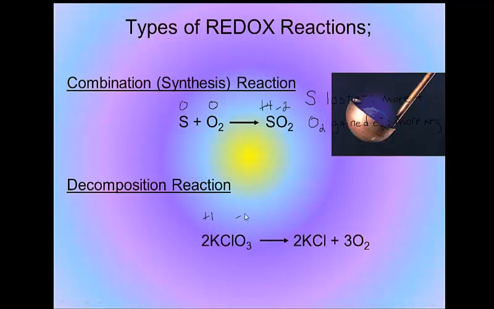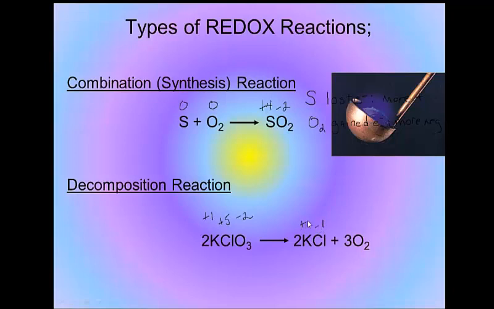It is neither, so -2. There's 3 of them, so this is a -6, plus 1, so right now it's a -5, so the chlorine has to be some number that, when added to a -5, will add up to 0, so the chlorine has an oxidation number of +5.